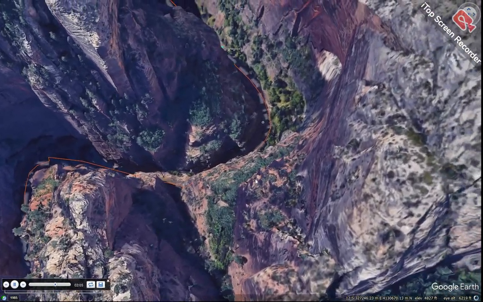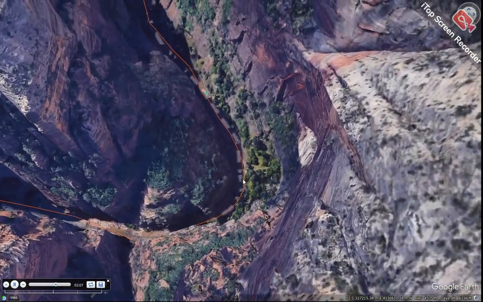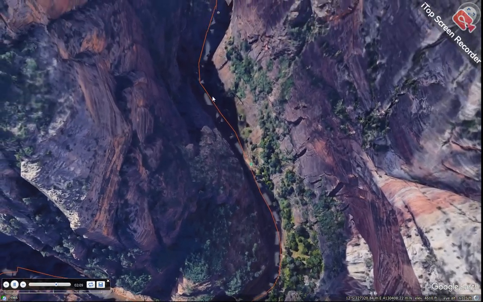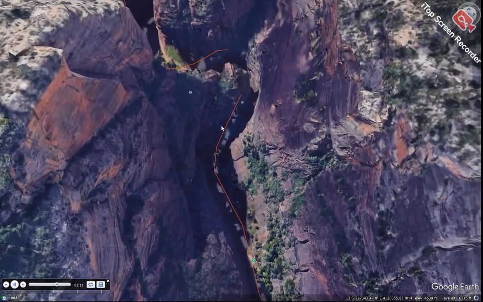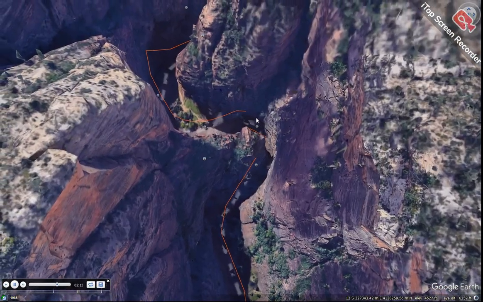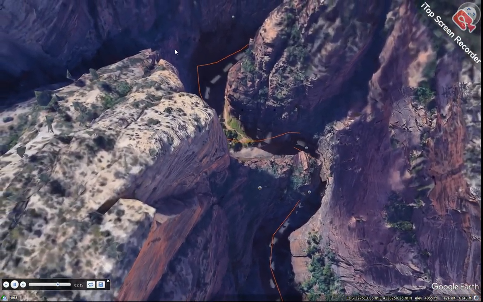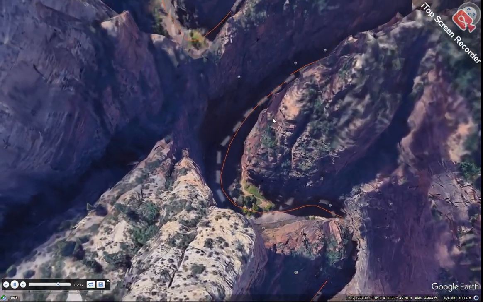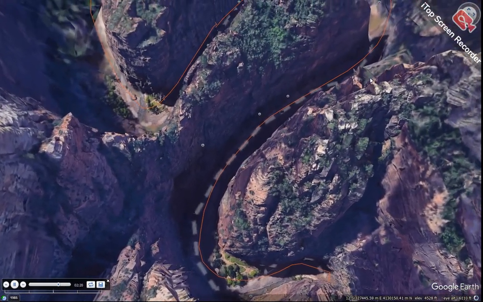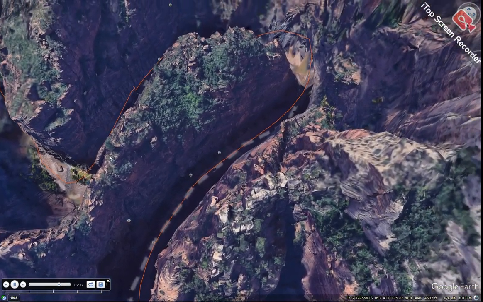As you notice, we're getting more and more pictures. Oh, here's the knife edge, this section right here.